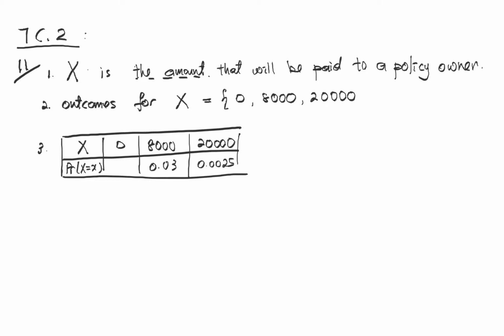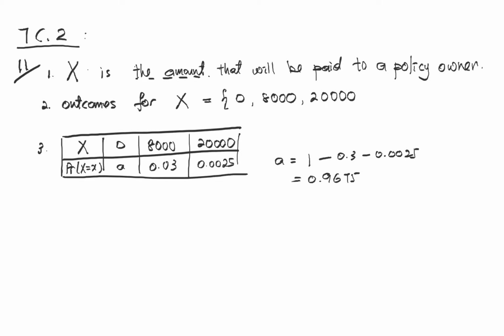Then how about the policy owner not having to be paid anything? Yes, how do you get the answer? It's not given by the question, correct? But you know the sum of the probabilities must be equal to 1. So you got 0.9675.